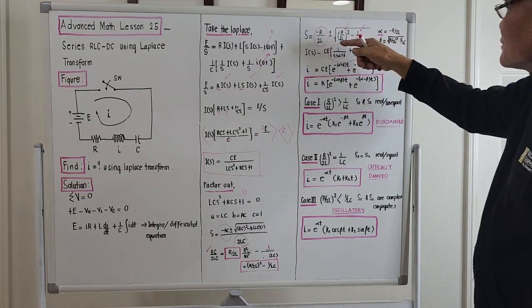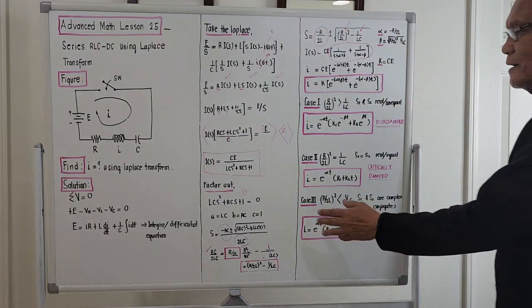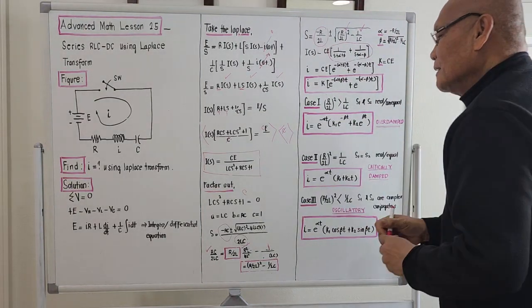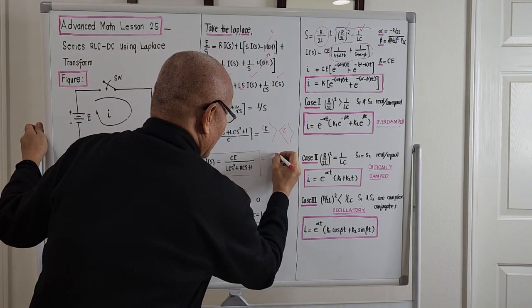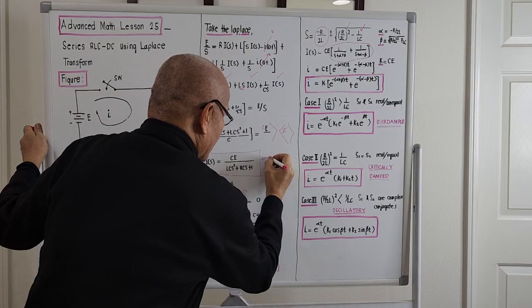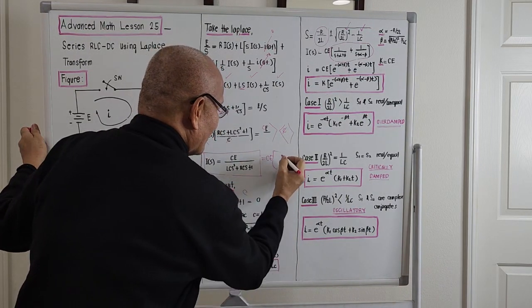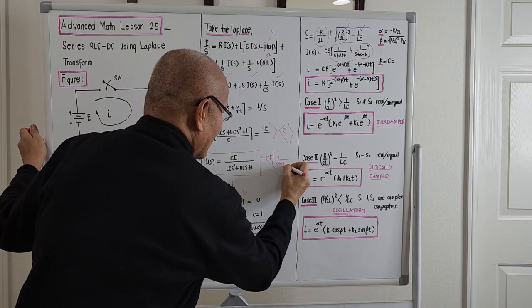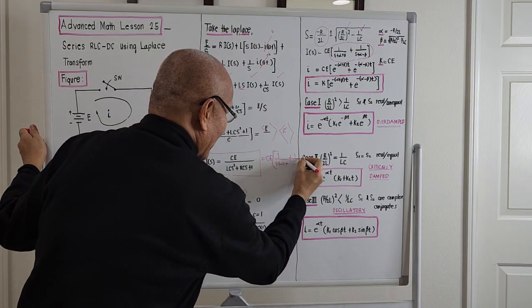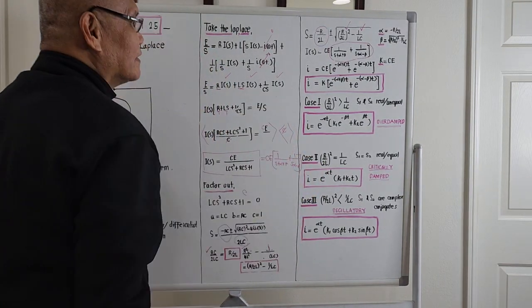And the value of beta is the total value of the square root. So this can be written as CE times 1 over S plus alpha plus beta plus 1 over S plus alpha minus beta. Right? This is one.